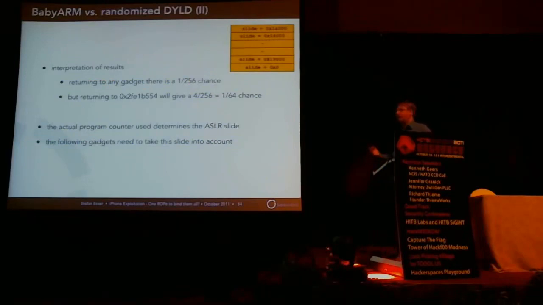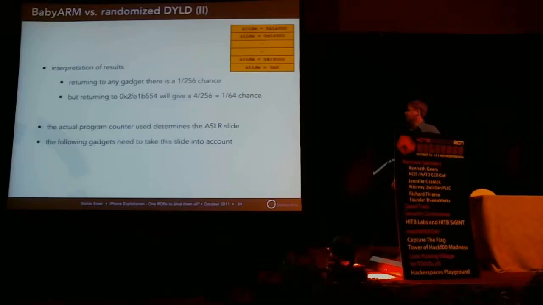So you have a better chance to actually hit a valid gadget than before, which is still not a lot, but when you have a mass attack, suddenly with the same exploit you can attack 4 times more people.